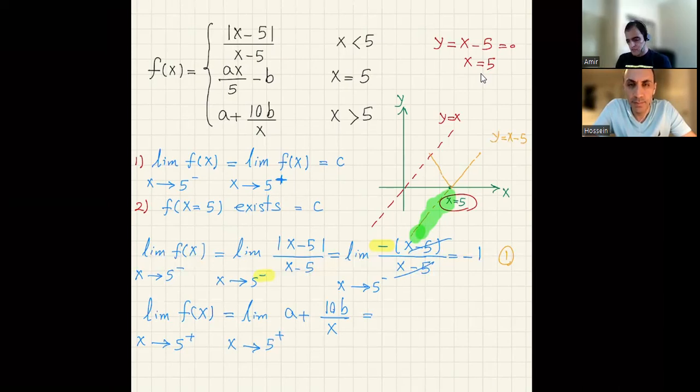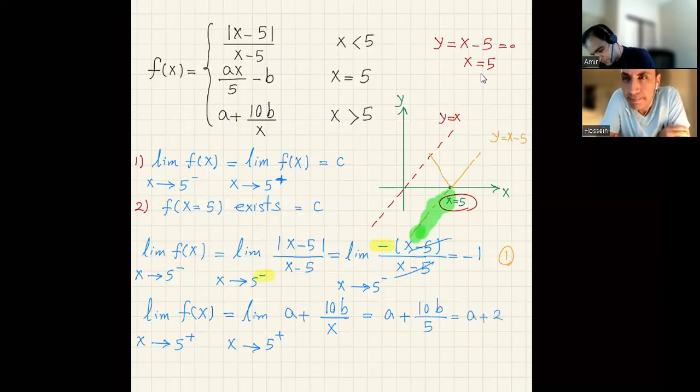We just replace x with the approaching value, which is 5 here. So it's going to be a plus 10b divided by 5. Right. So it's going to be a plus 2b. Correct. I call it number 2 here. The result number 2. That's correct.